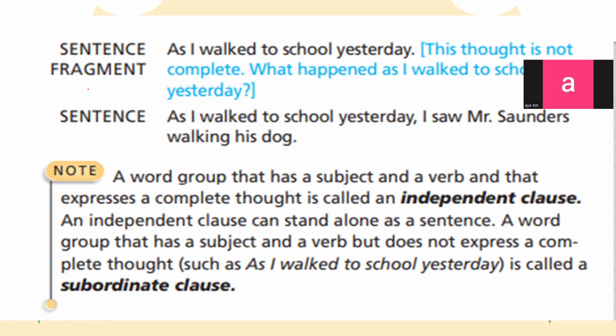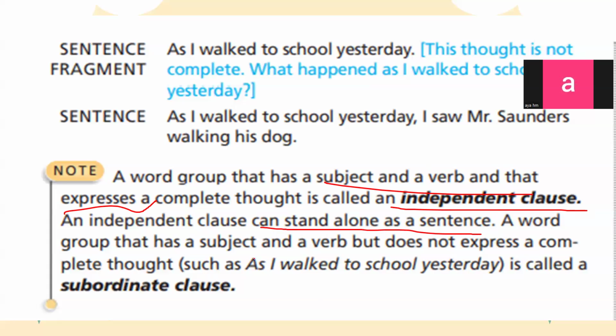Saunders walking his dog. And a note: a word group that has a subject and verb, and that expresses a complete thought is called an independent clause. The independent clause can stand alone as a sentence. It does not need help.